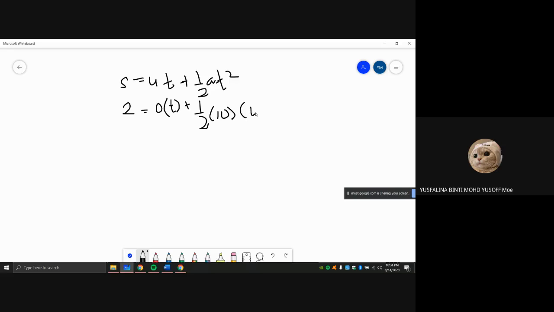So t square, right? Then find the t. You got 0.63.